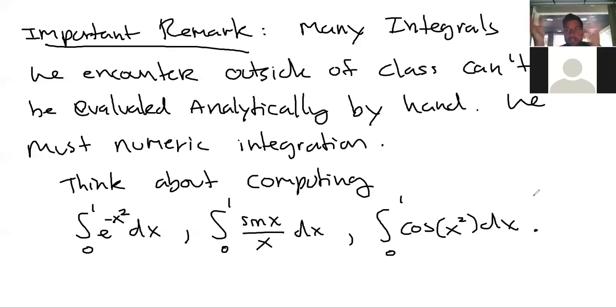Could you find an antiderivative and do parts, or could you use substitution to integrate them? And the answer, for all three of these, is no, you can't. So if you want to know the value of these, you have to use some sort of technique similar to what we've been talking about, numeric integration.